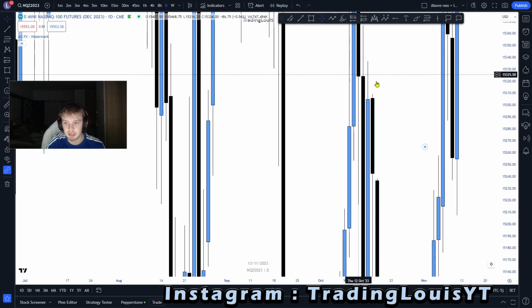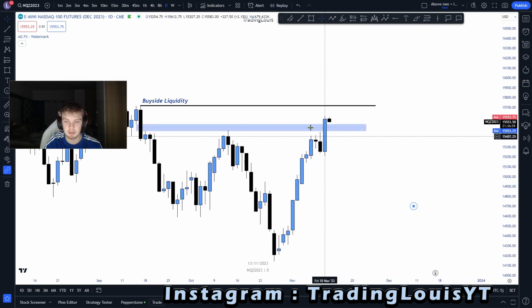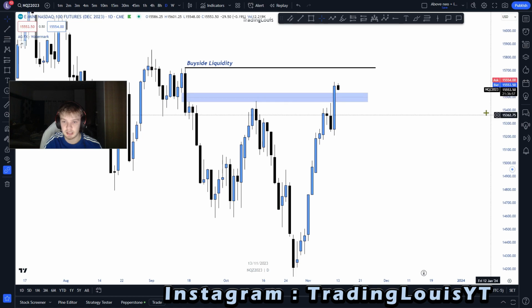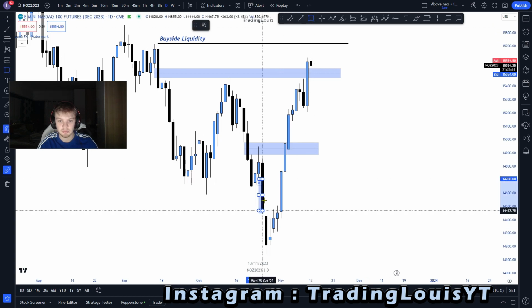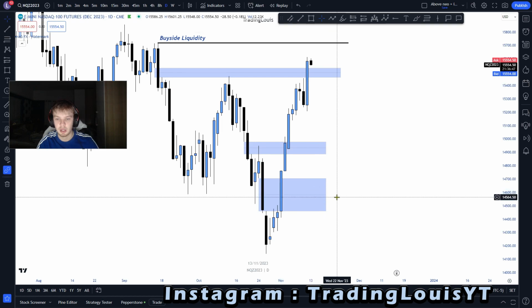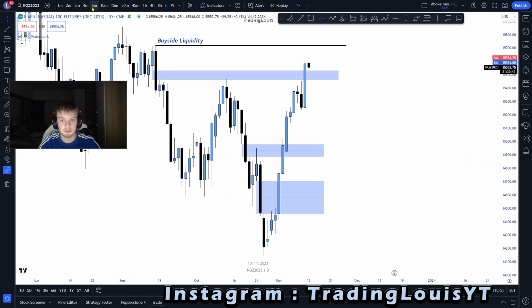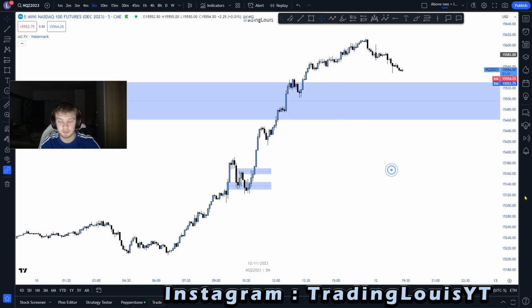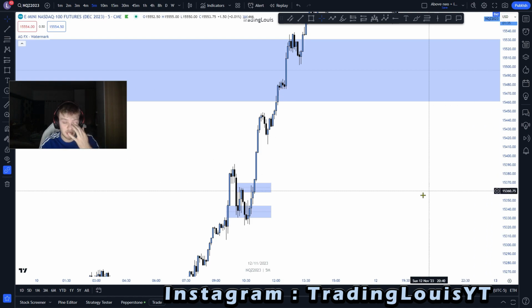Now, as you can see, if we go to the daily time frame, we are extremely bullish on the daily time frame because we have inversed these fair value gaps here. So what that is telling me is that we are most likely going to go for the buy side liquidity. So when it comes to using inverse fair value gaps, you need lots of narrative behind it.